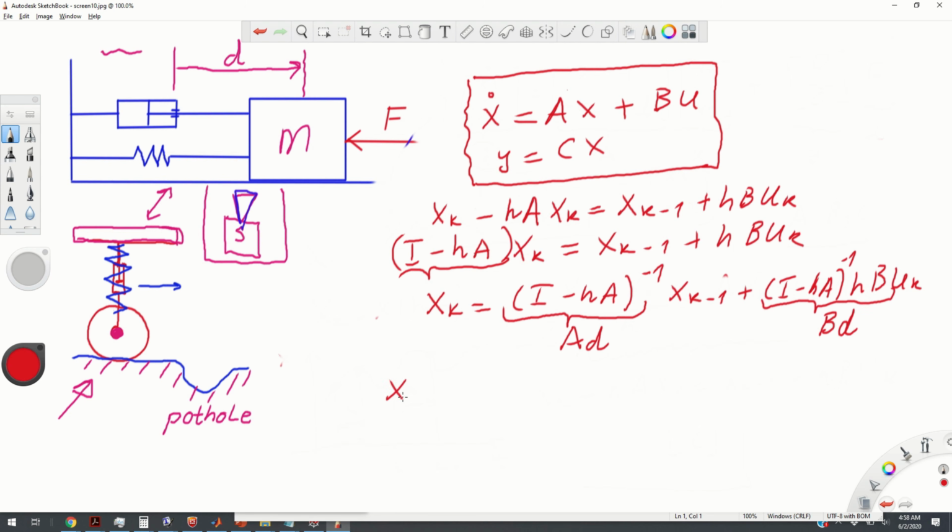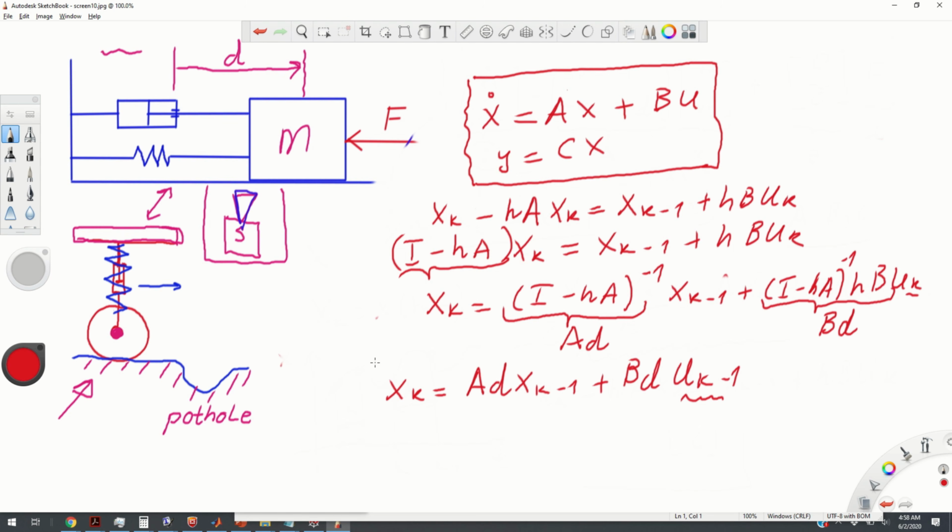So our system can be represented as AD xk minus 1 plus BD uk minus 1. Notice here that I have shifted the time instant for input uk, that is for our force. This has been done without loss of generality, just for simplicity.